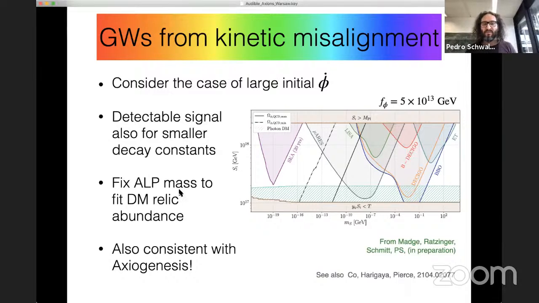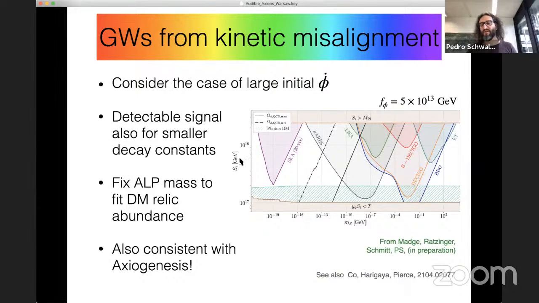So this is also something rather interesting we're investigating right now, which was also pointed out by another paper recently that I put down here. And you see here again, we find lots of parameter space which is testable. In this case, M_S and S_I are parameters which belong to the UV completion that generates this large initial kinetic energy.